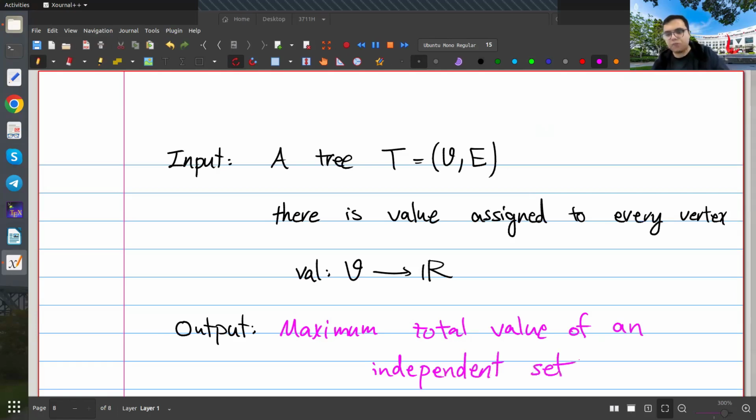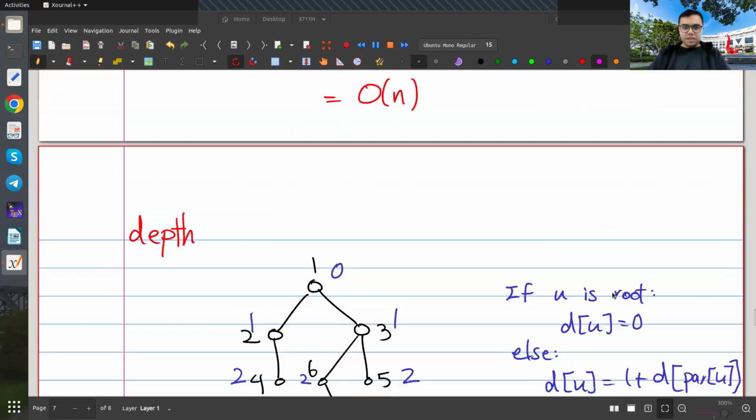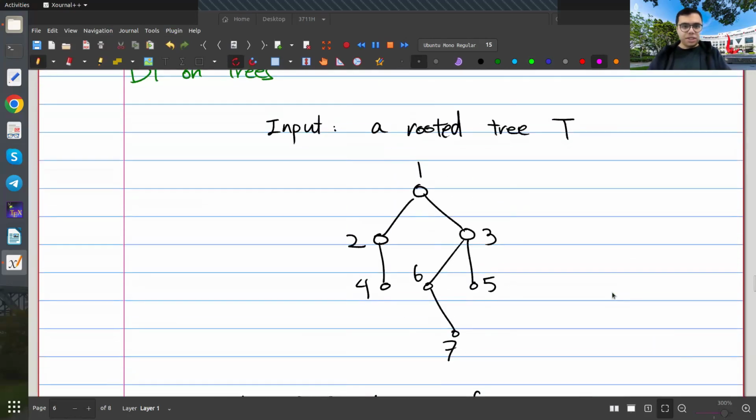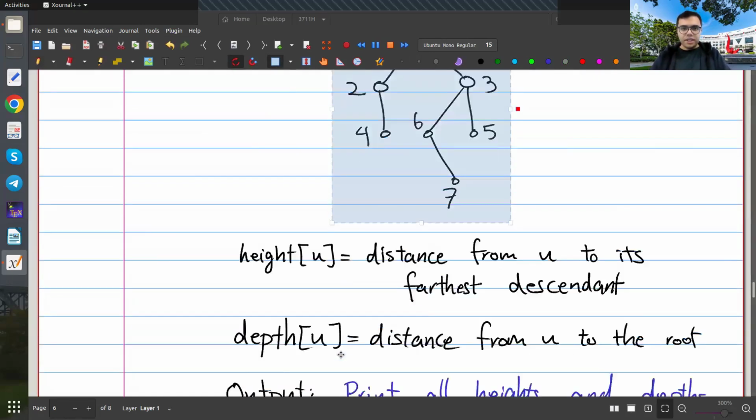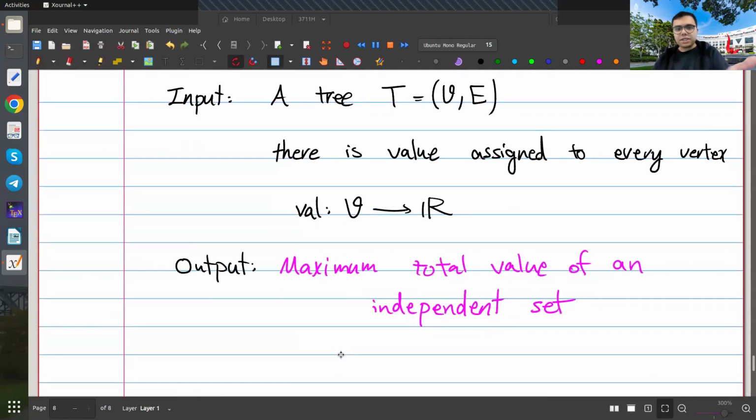Of course, if all of my vertices have value of 1, this is just going to give me the size of the largest independent set. And as usual, I'm really obsessed about the value. I'm not obsessed about the actual solution because I can trace my steps back and I can find my actual solution. Okay, so let me again copy my tree. Now, remember that in my input, I just said I have a tree.